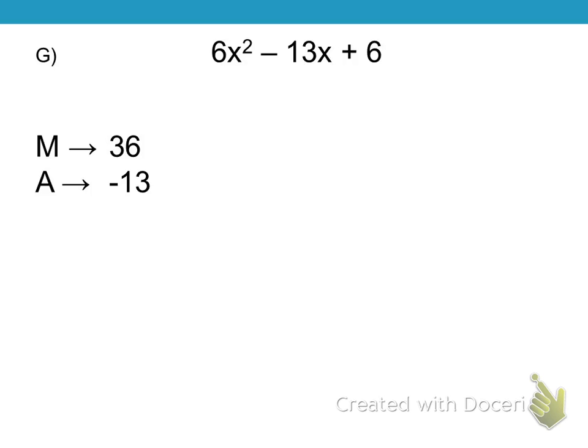To multiply to a positive but add to a negative. So the ways to multiply to get 36: 1 and 36 doesn't work. 2 and 18 doesn't work. 3 and 12 doesn't work. 4 and 9, both negative? I think you got it.